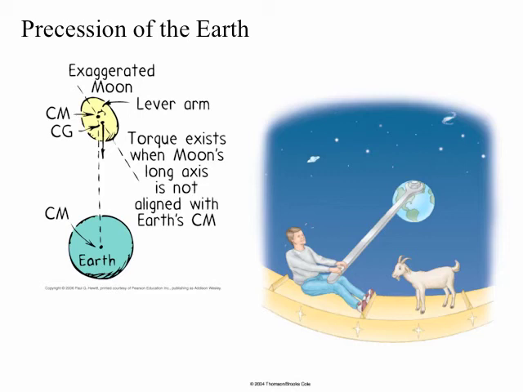The Moon applies a torque on the Earth too. The force of gravity on the Moon is greater on the side of the Earth facing the Moon, and less so on the side of the Earth, on the opposite side of the Earth from the Moon. So the force of gravity from the Moon on the Earth is more so on the front side, which causes the torque of the Earth, which affects slightly the Earth's rotation.